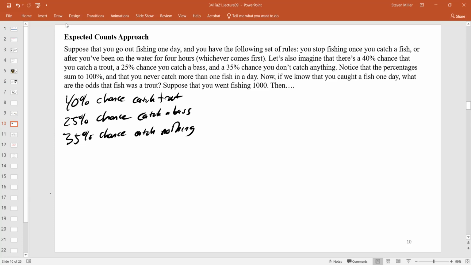Right, so what would be the probability that we catch a trout given that we caught a fish? So probability of a trout given caught a fish. And what do you think that should equal? 0.4 over 0.65.